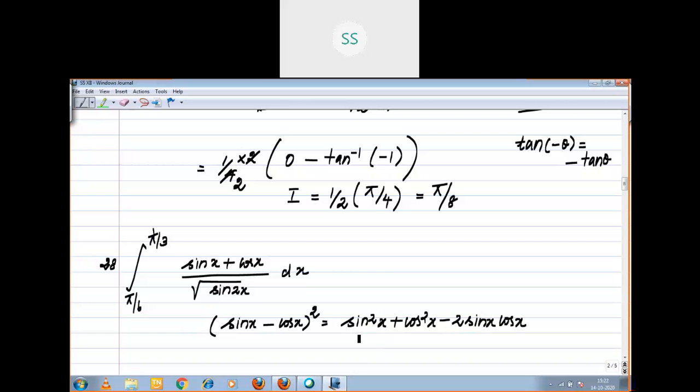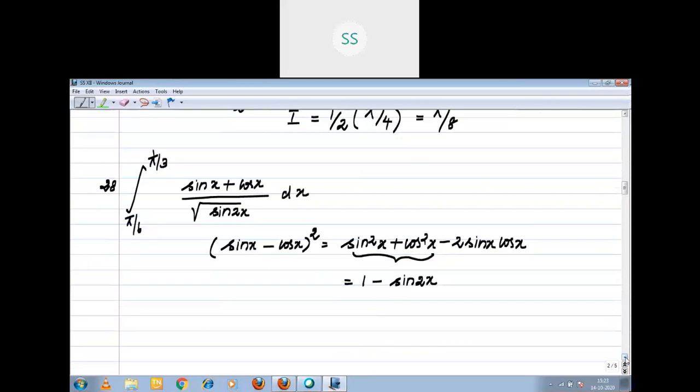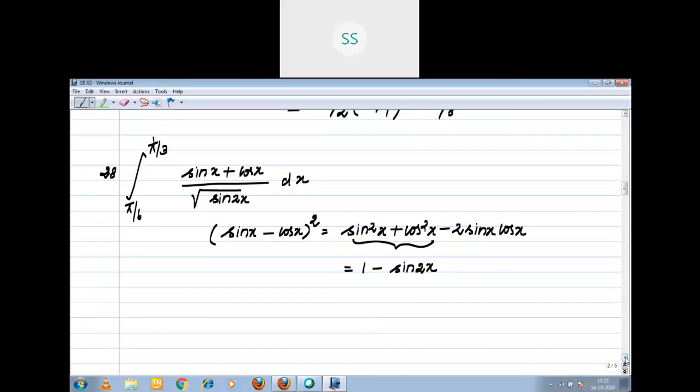Here, (sin x minus cos x) the whole square equals sin square x plus cos square x minus 2 sin x cos x. See here, sin square x plus cos square x can be replaced by 1, and 2 sin x cos x can be replaced by sin 2x.